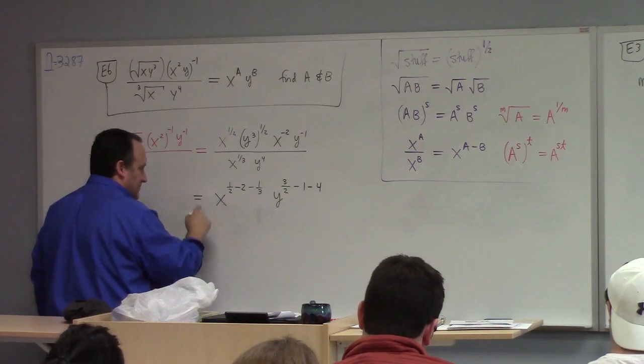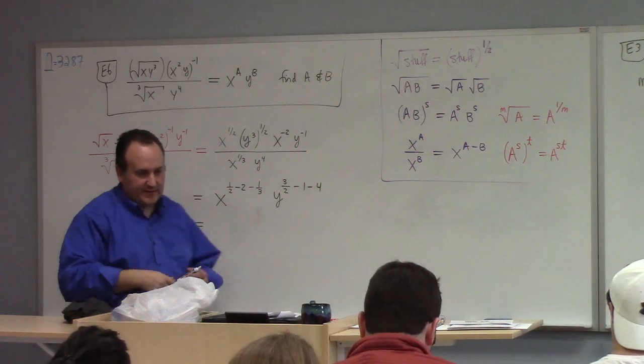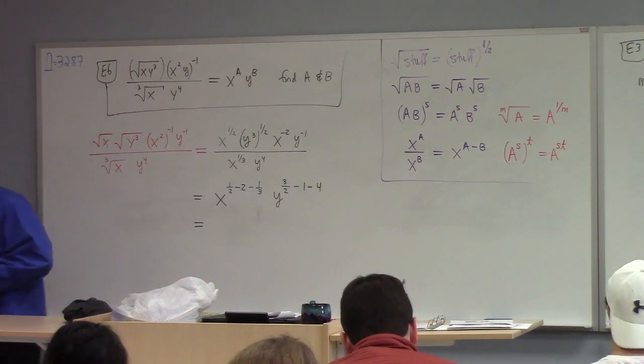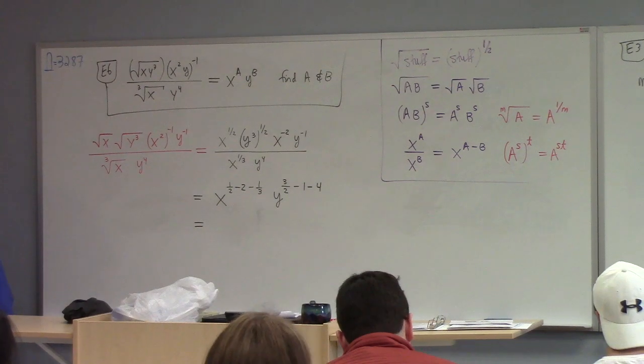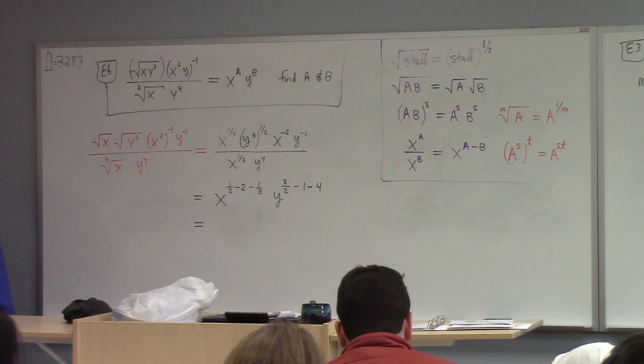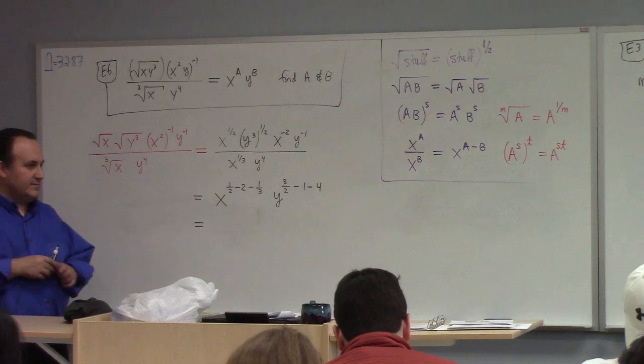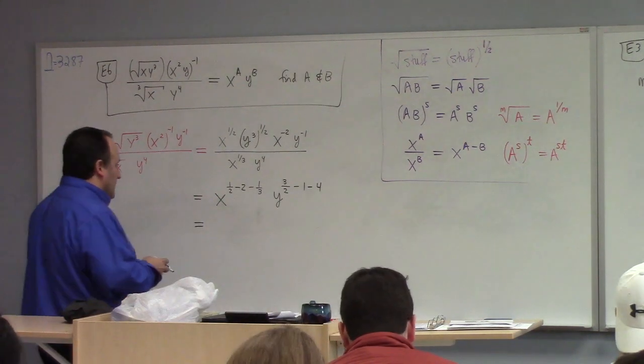And then we just need to do the arithmetic here, right? So get out your handy dandy calculator and do the arithmetic. Or if you don't have a calculator like me, I guess you have to think. Oh, thinking.